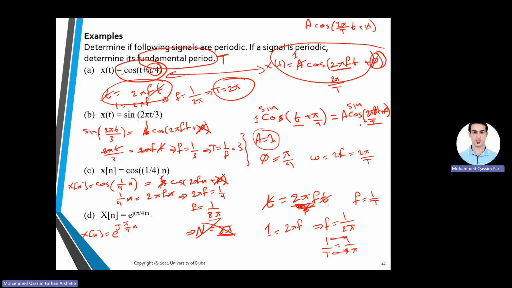When you have a complex exponential, you convert it into cosine plus j sine. That's Euler's identity. We don't have space, I'll write it somewhere else.